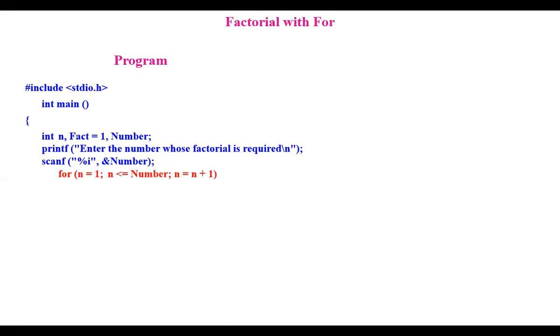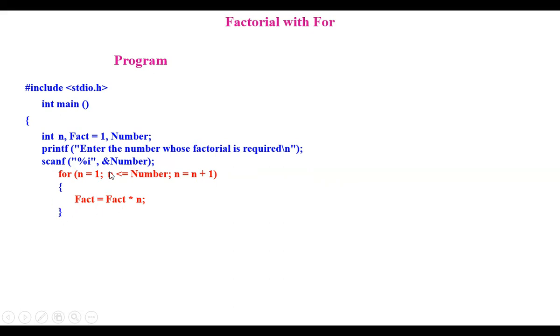Here n is initialized with 1 and continues till less than or equal to the number which we are entering, with incrementing done here. Fact is initialized with 1 in the beginning. Initially fact is 1, and fact into n, with n being 1, gives 1.